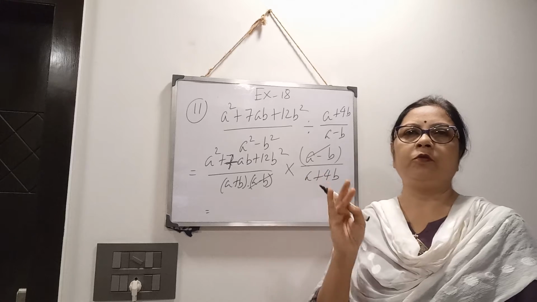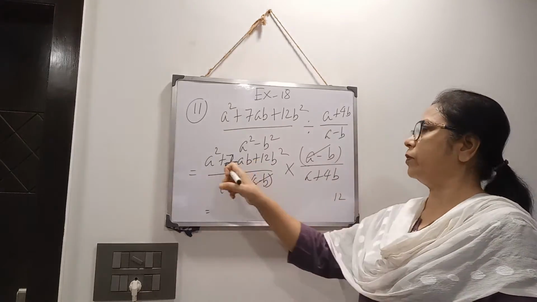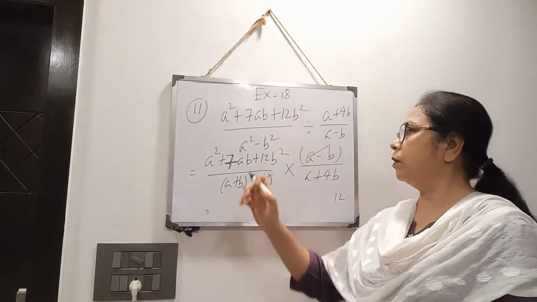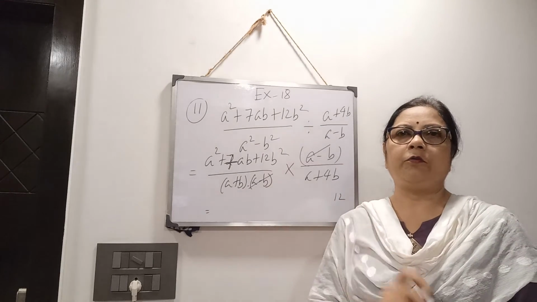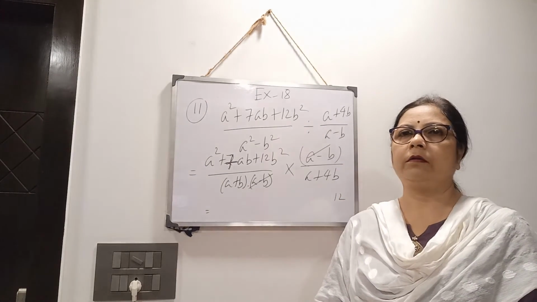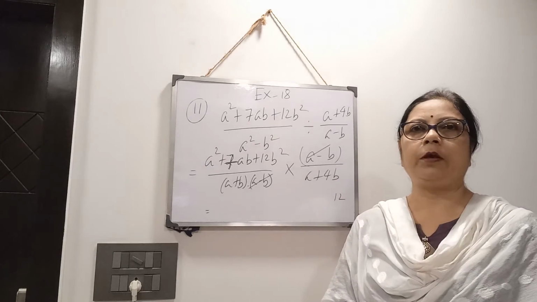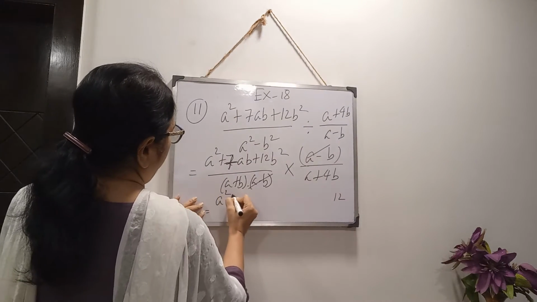So if I take 2 6s are 12, 2 and 6, now all are positive signs, so if I add 2 plus 6, 8, 7 is not coming. 12 ones are 12, 12 plus 1 is 13, 7 not coming. So what to take? 3 4s are 12, 3 plus 4 is 7. Clear?